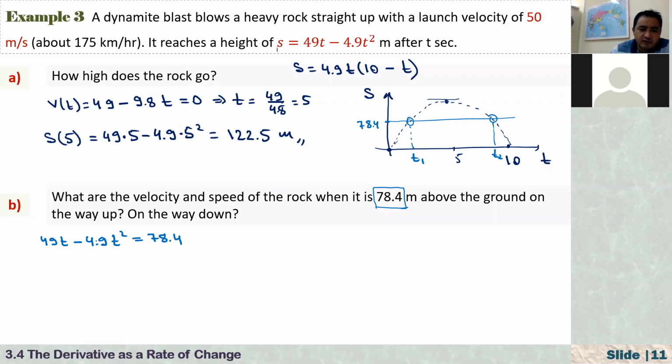If you take everything to the right-hand side, we have 4.9t squared minus 49t plus 78.4 equal to 0. Let me divide this by 49. What is it? It's 8 over 5.